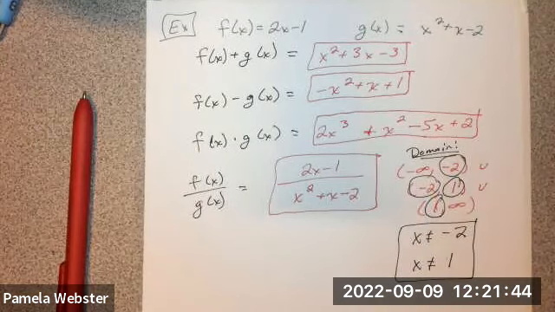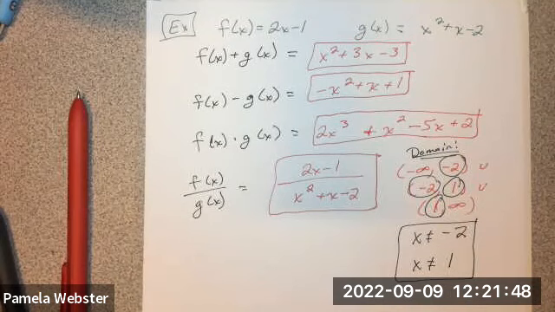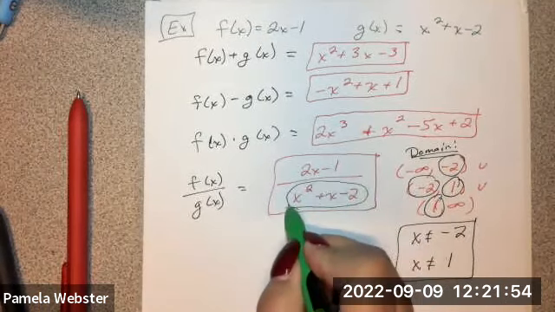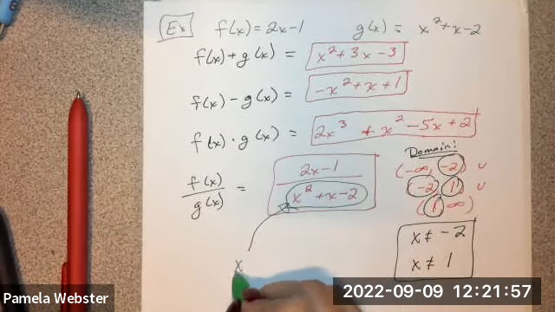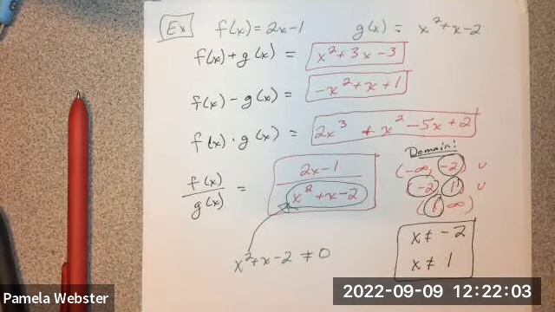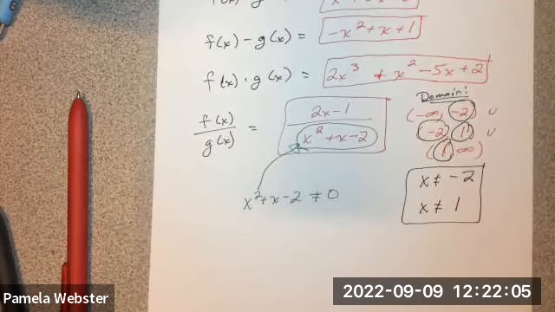Okay, so let's see if we can corroborate that. This is coming about because of the division, and we want to make sure that it's not 0, right? So remember what we do, we pull that guy out. We say x squared plus x minus 2 cannot equal 0. Now I need to solve this thing, and whenever I go to solve it, I need to see if it'll factor.